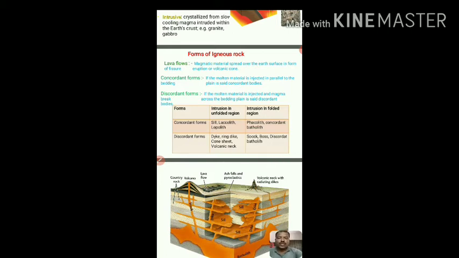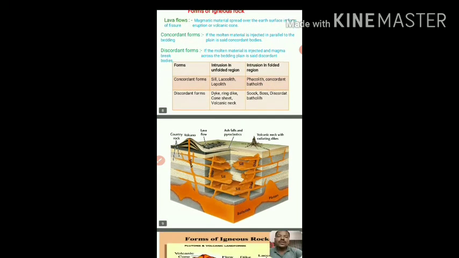Now look at this. There are different kinds of discordant forms: the dike, ring dike, cone sheets, volcanic neck, stock, boss, and batholith. The stock and boss are parts of the batholith.